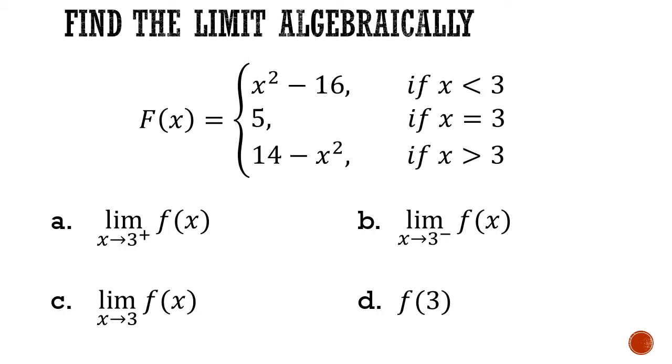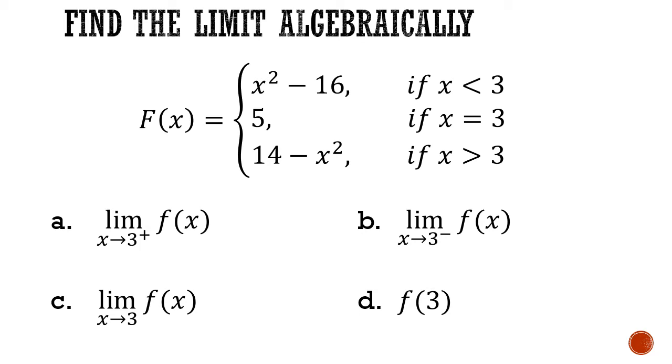This next slide is a piecewise function, and we're going to evaluate limits for it. So it's really important that you are paying attention to the domains in the piecewise function. So for A, it's the limit of f of x as x approaches 3 from the right. So the x values that are on the right side of 3 are when x is greater than 3.